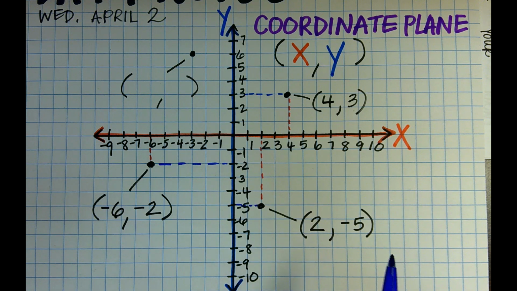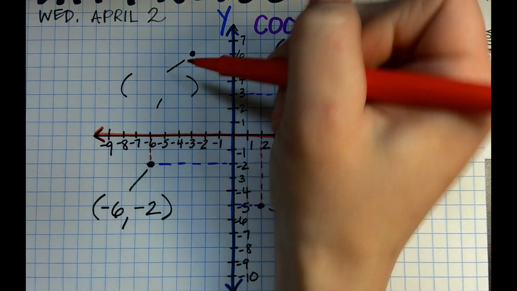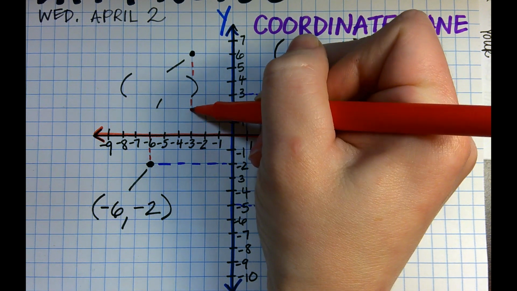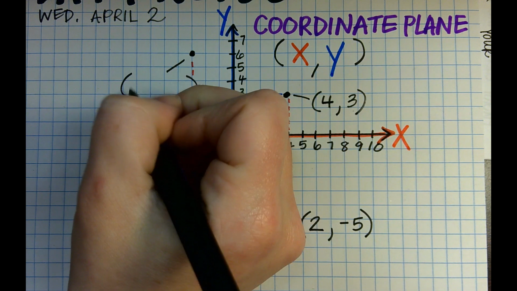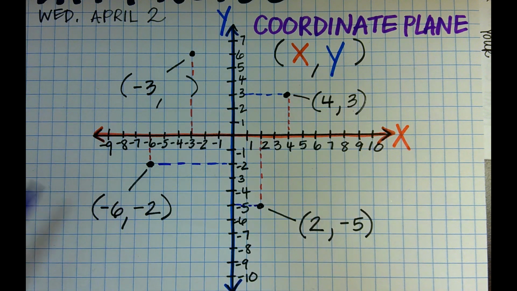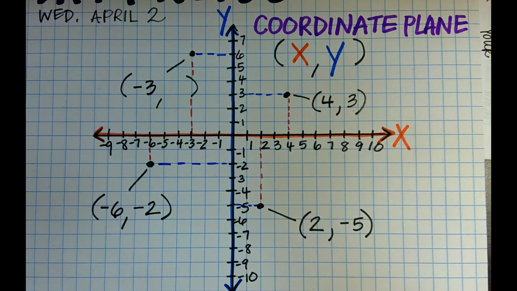Let's look at x first, just so we don't mix them up. So my x value is -3. Good. And what's my y? Good, +6.